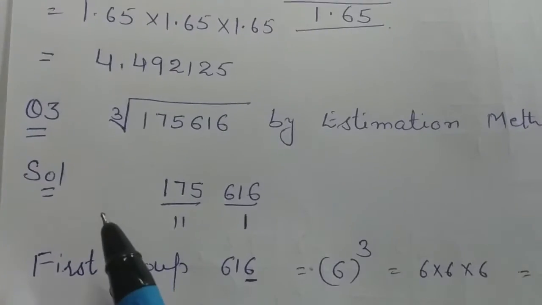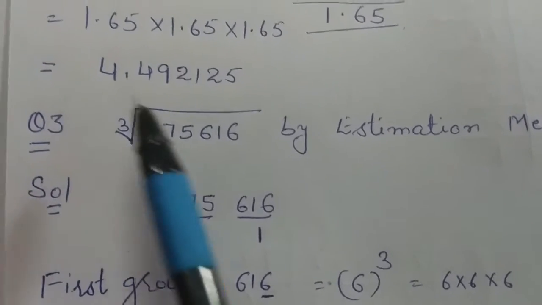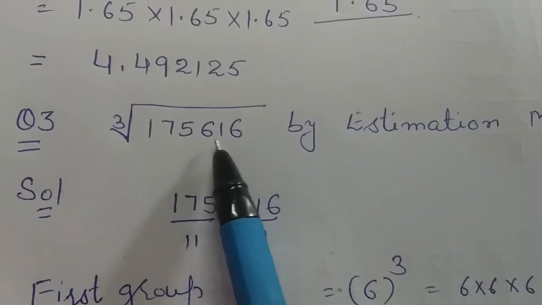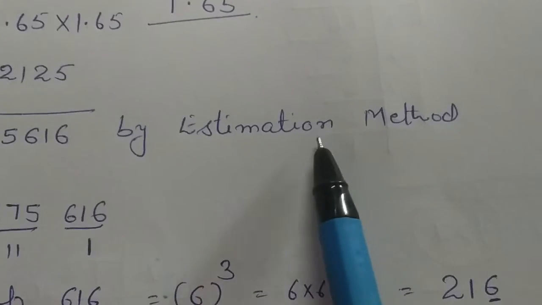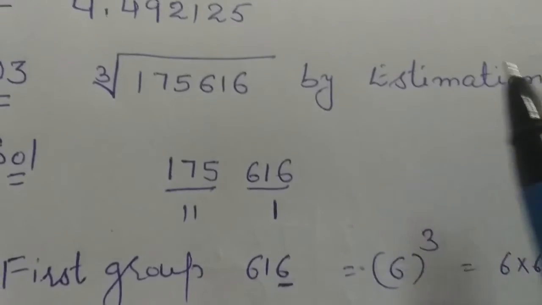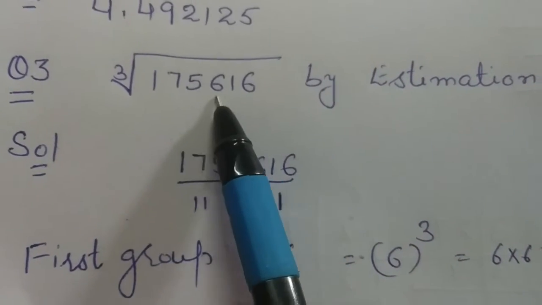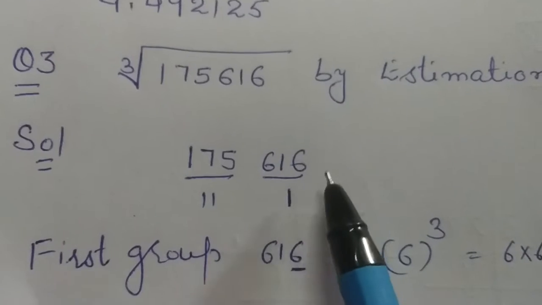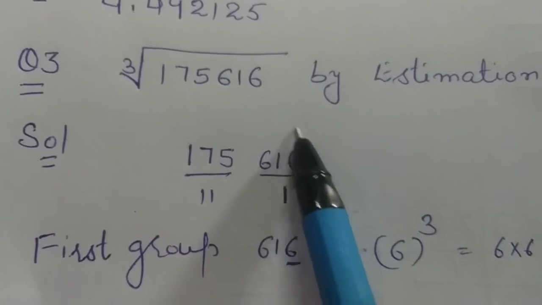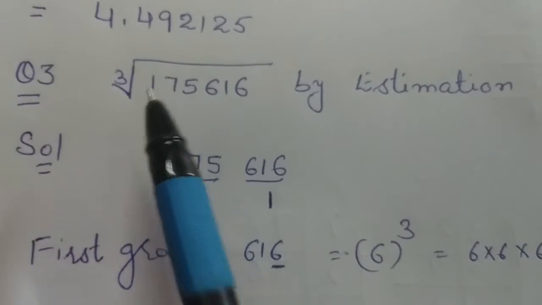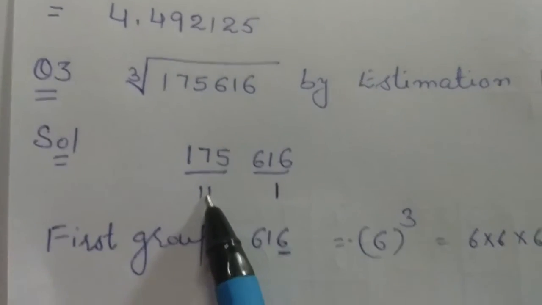Then question number 3. Cube root of 175616 by the estimation method. First of all, you will divide this number into 2 groups. The last 3 digits always form group number 1, and the rest of the digits form the second group.